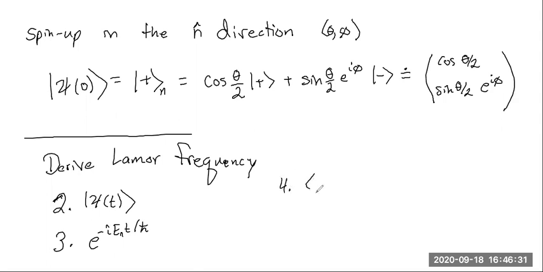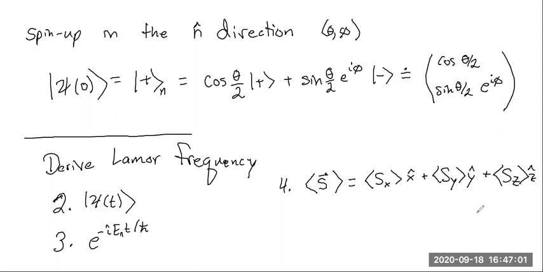Our ultimate goal is to find the expectation value of the spin, which you can do by finding the expectation value of S x in the x hat direction, plus the expectation value of S y in the y hat direction, plus the expectation value of S z in the z hat direction.